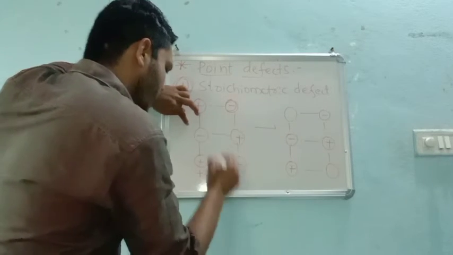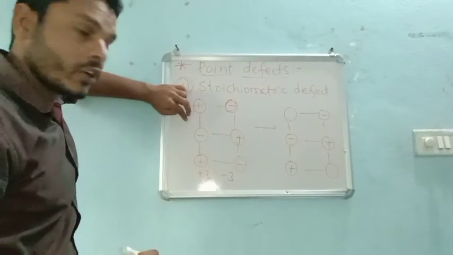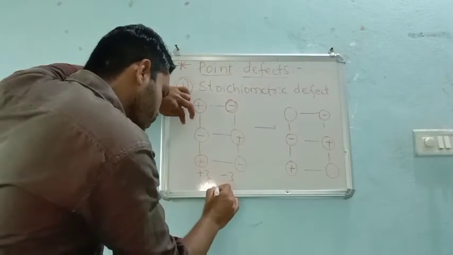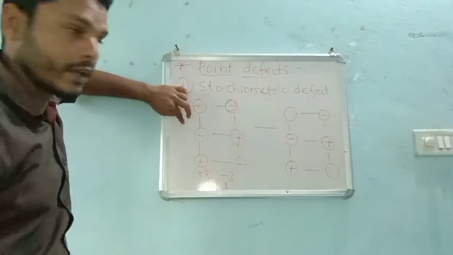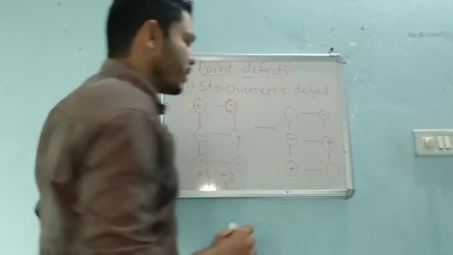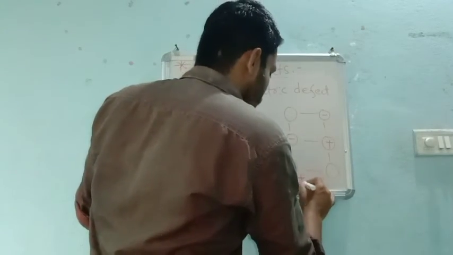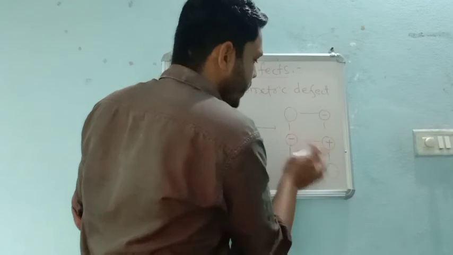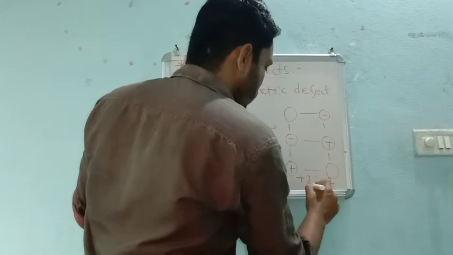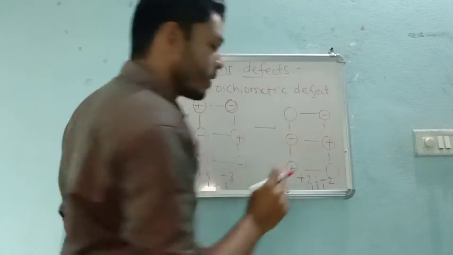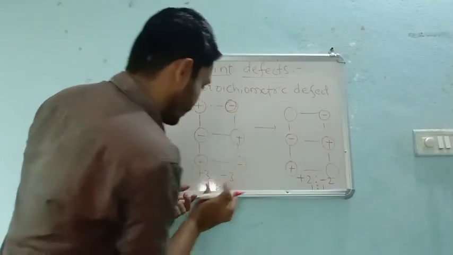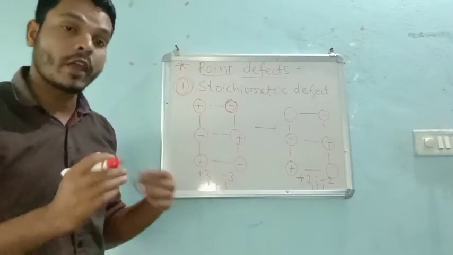Also 3. So what is the ratio? 1:1. Correct? Now coming here, how many positives? 2 positive to 2 negative. So the ratio is 1:1. That means this is called a stoichiometric defect or stoichiometry.